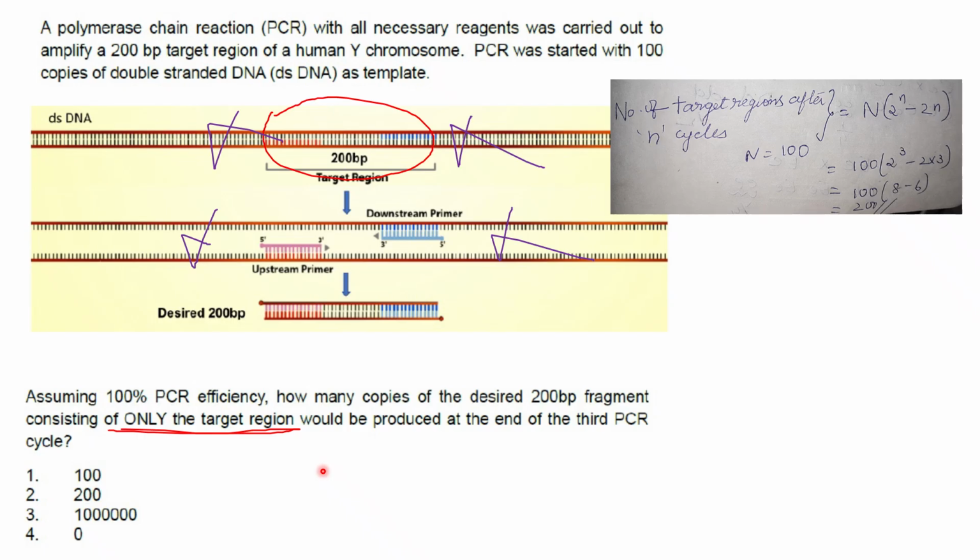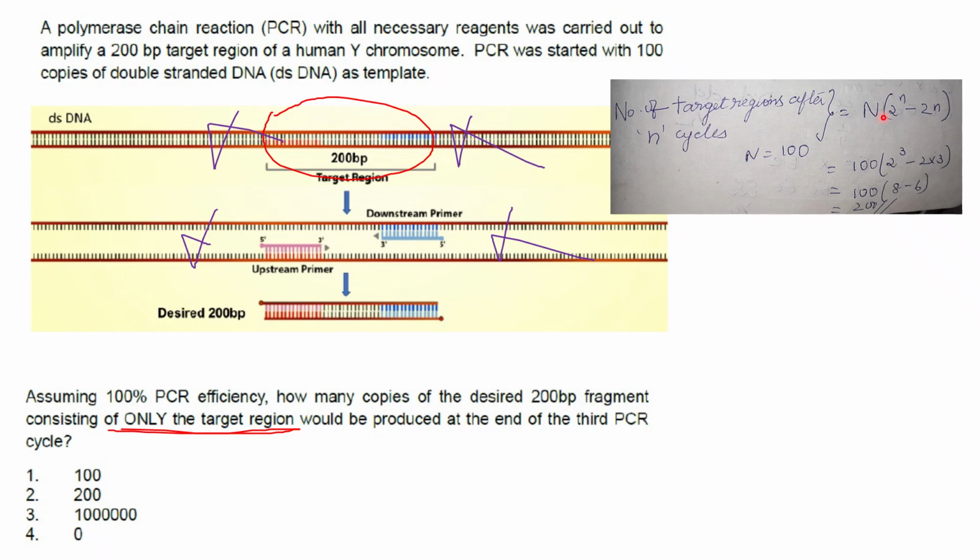After 3 PCR cycles, the DNA will be mainly the target DNA, which is going to be amplified. These portions of the DNA will not be amplified as happened in the first and second cycles, that is, your intermediates will not be amplified. So you have a formula for that: the number of target regions after n cycles, small n, remember that. It will be capital N into 2 raised to n minus 2n. Capital N is the initial amount of target DNA template, here it is 100.